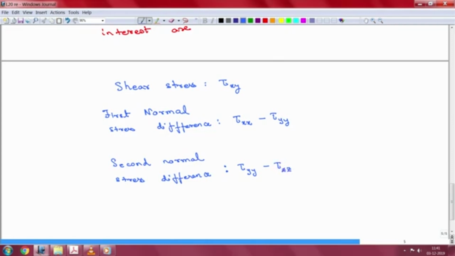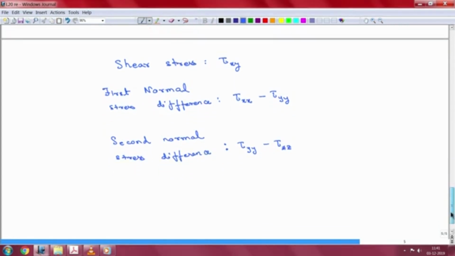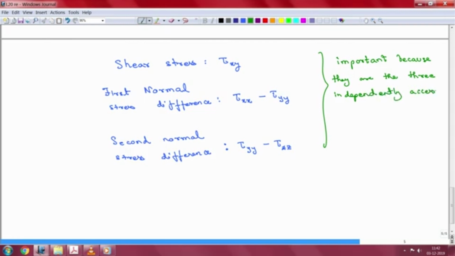Now they are important because they are the three independently accessible values in a simple shear flow, experimentally accessible.